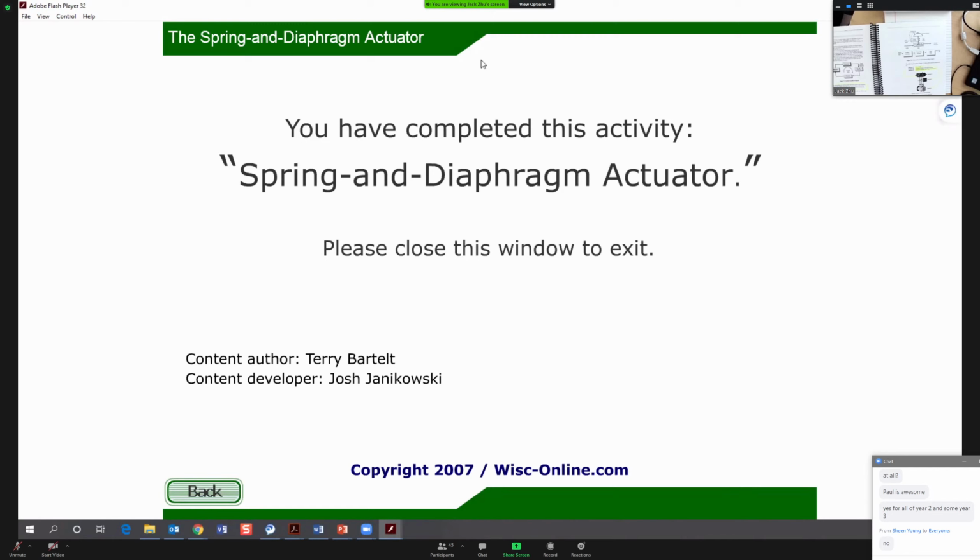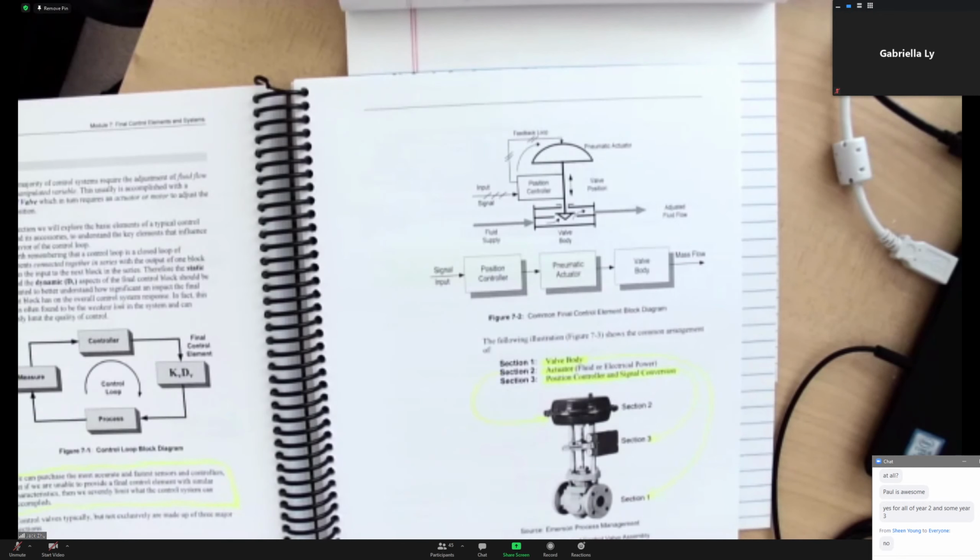So this is about the spring and the diaphragm of this actuator, and how they control this thing moving up and down.